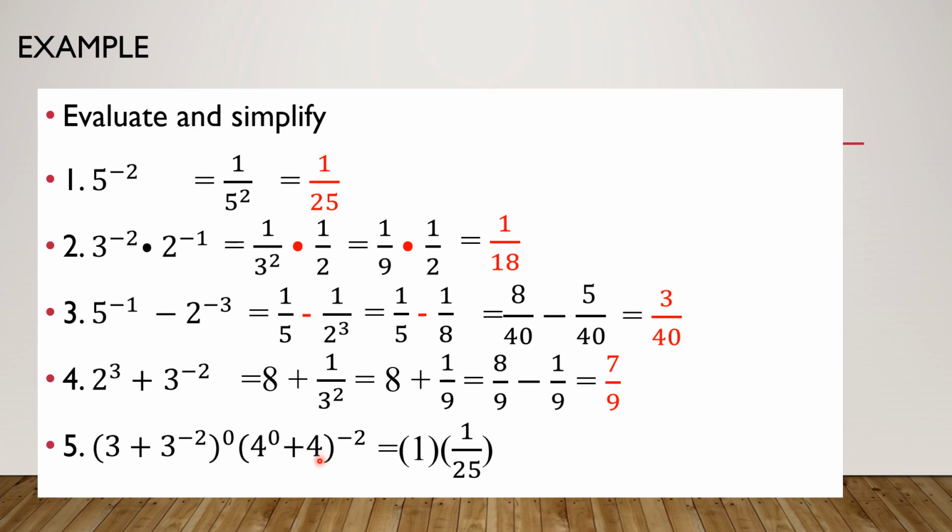So we have 5. 5 raised to negative 2 is 1 over 25 times 1 equals 1 over 25.